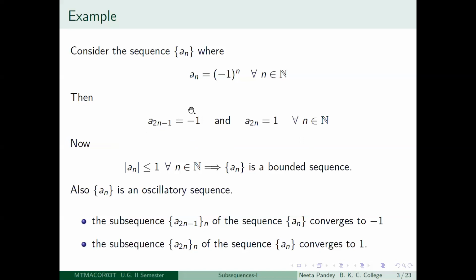So if you choose a neighborhood of -1 which does not contain 1, then how can all the terms of the subsequence lie in that neighborhood of -1? The only possibility is that all the terms of the subsequence after a given finite term should be chosen from the odd terms of the original sequence, right?